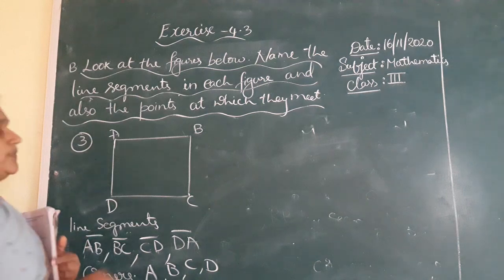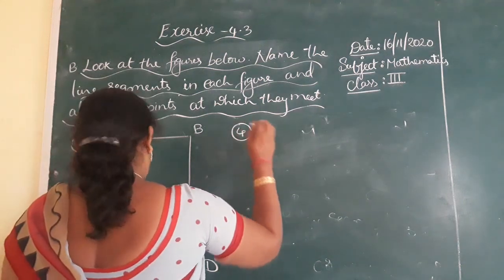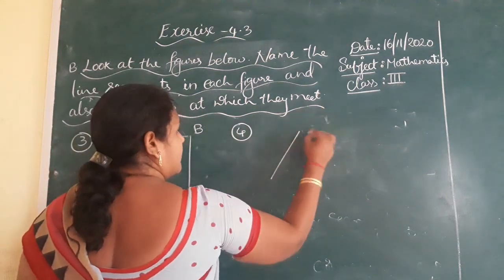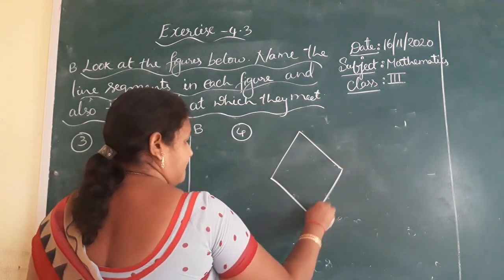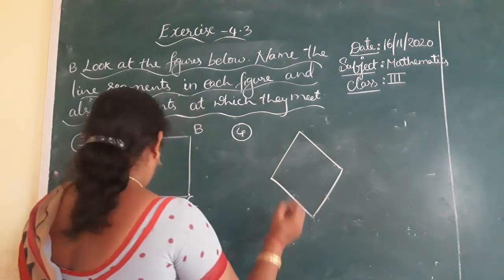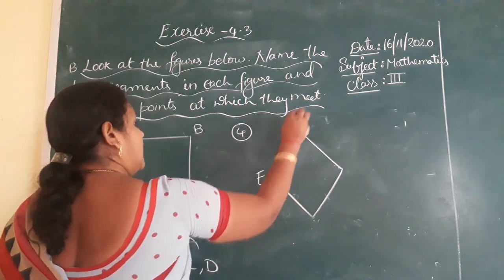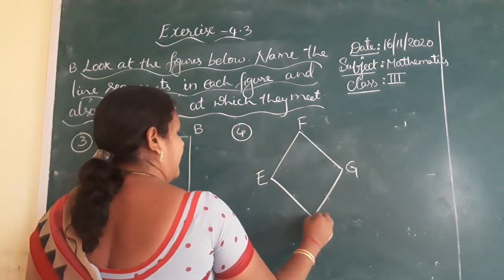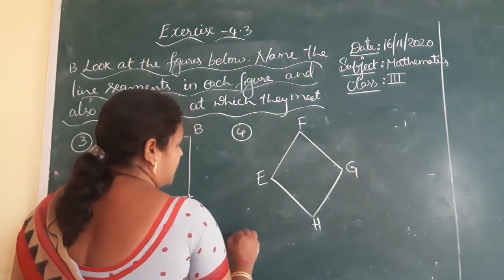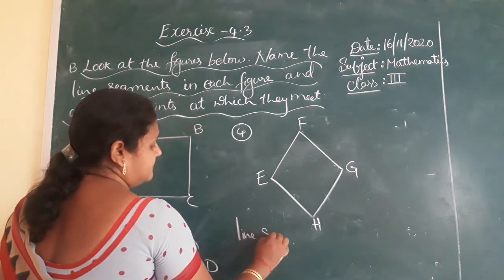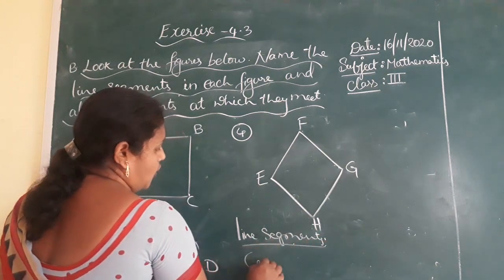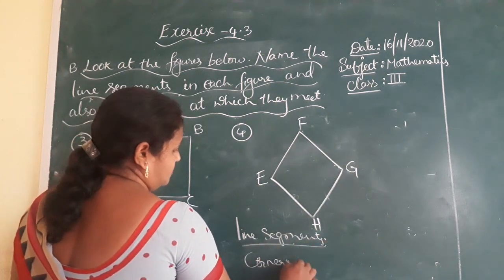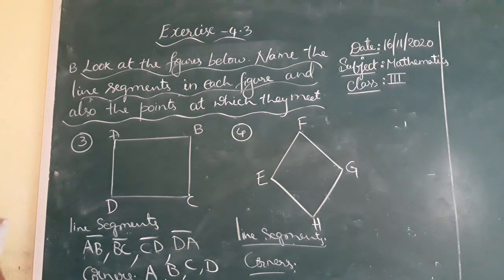Okay, see the next one. Fourth one. E, F, G, H, and they are asking what the line segments are and how many corners are in that. What line segments are there, children?